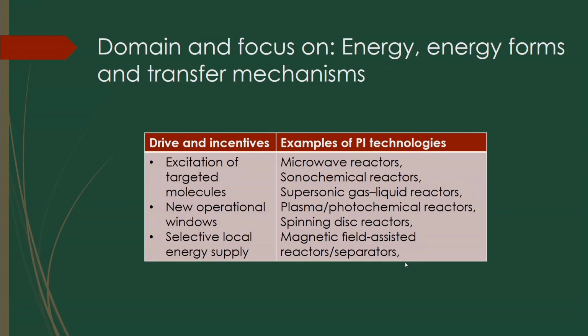New operational windows and selective local energy supplies are also to be considered for an intensified way to get process intensification, like microwave reactors, sonochemical reactors, magnetic field assisted reactors, and spinning disk reactors. Some reactors or separators are to be developed based on this new operational window and selective local energy supply.